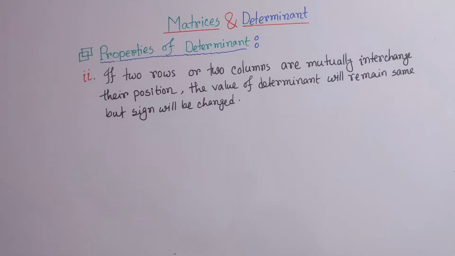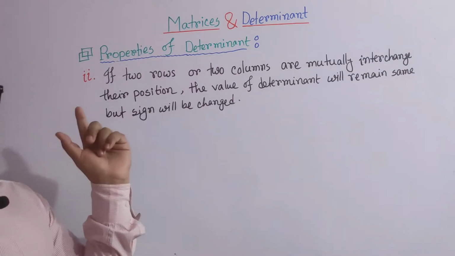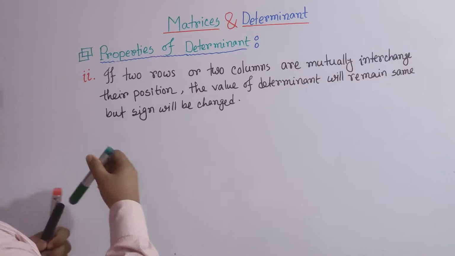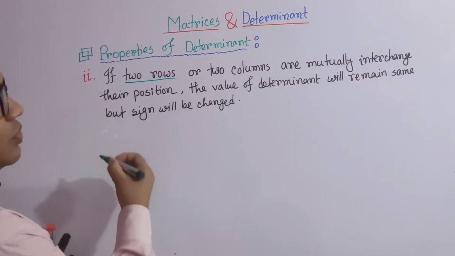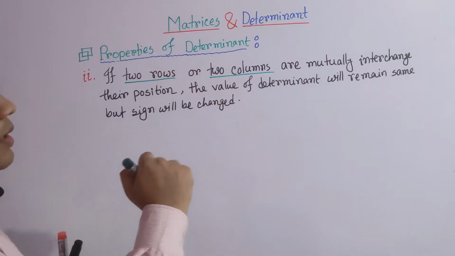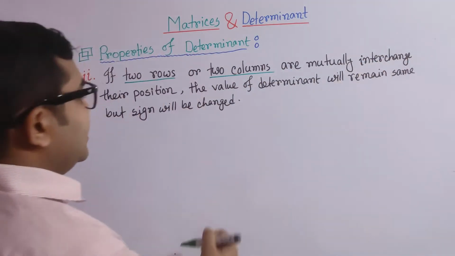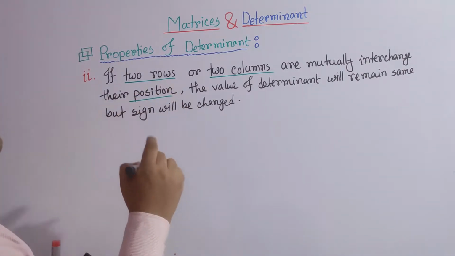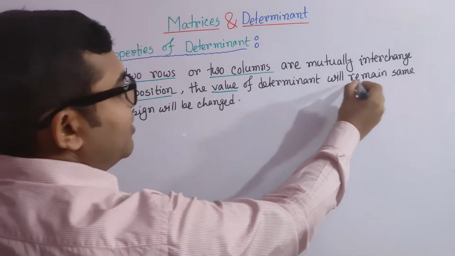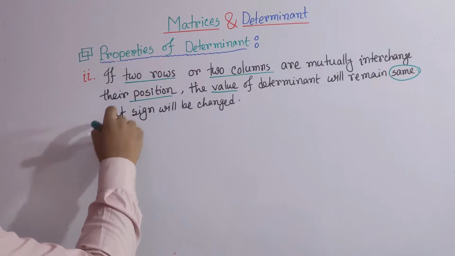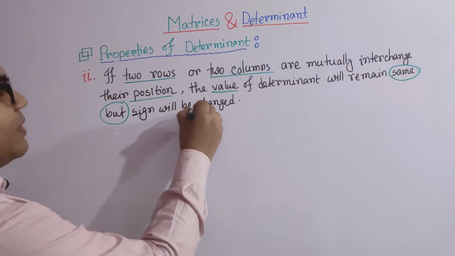So dear students, now move on to our rule number 2. Look at this part very carefully. If two rows or two columns are mutually interchanged in their position, then the value of the determinant will be the same, but the sign will be changed.